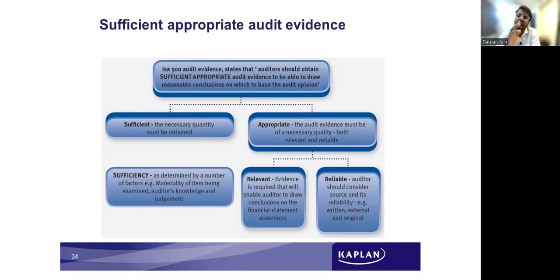If there's a higher control risk, if the internal controls are not operating effectively, there will be a higher control risk. In case there is a higher control risk, will you collect more evidence or less evidence? You tell me.